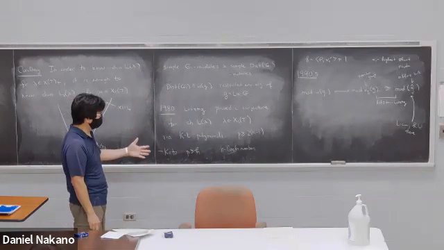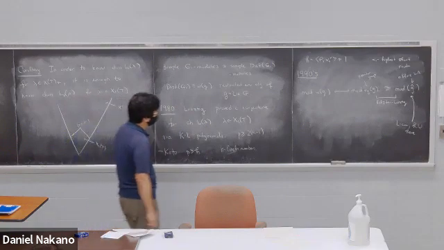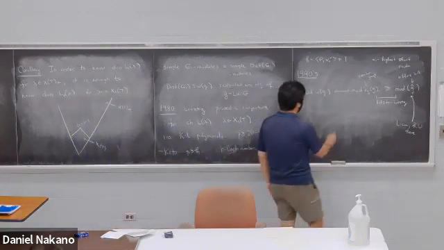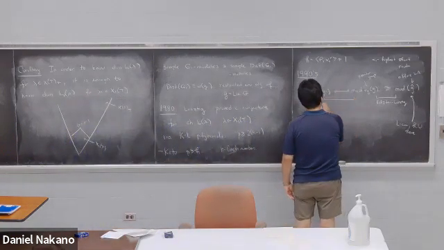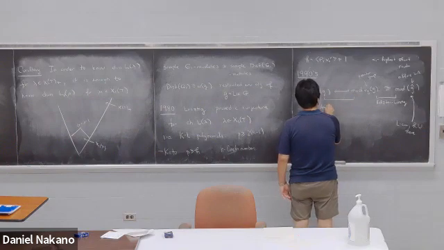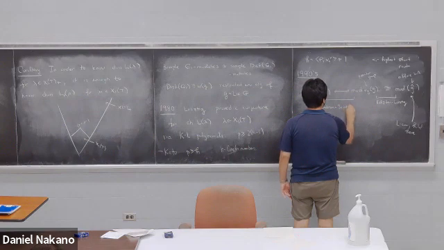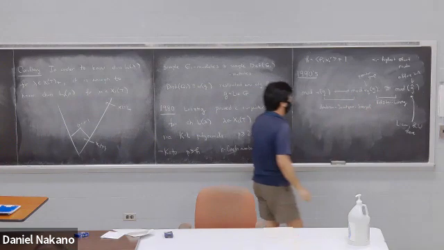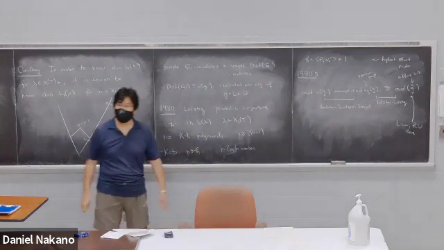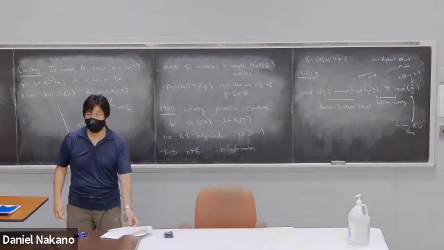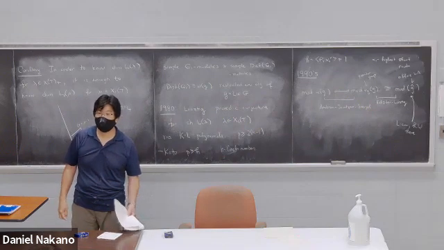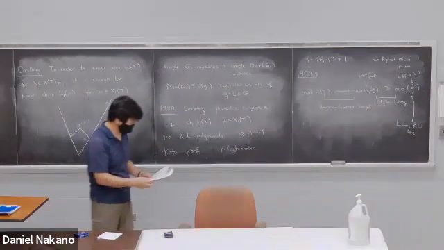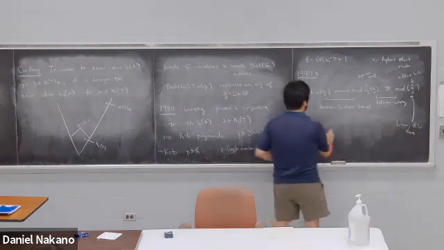Now, here's where issues come in. So Andersen, Jantzen, and Soergel actually showed that the dimensions of the characters match up as long as p is sufficiently large.